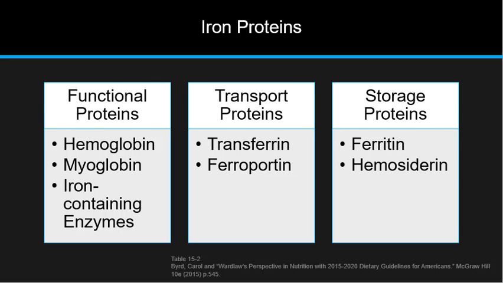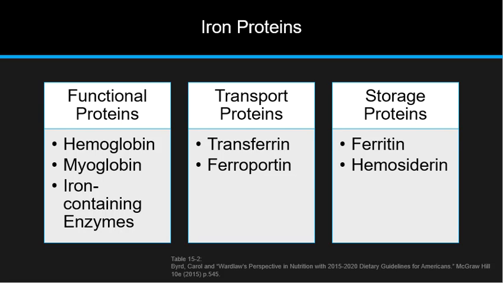So it's pretty important that we have these transport proteins, also to carry iron to different parts of the body to help us make some of these different things, like aconitase and different molecules.